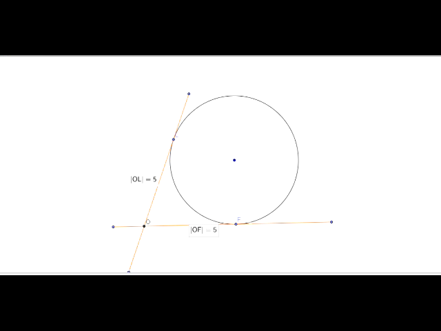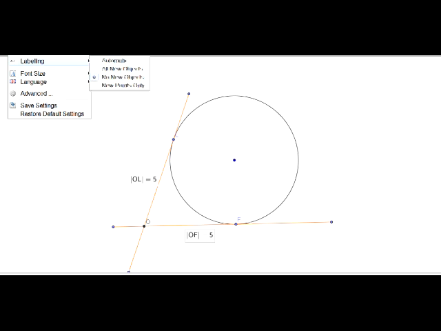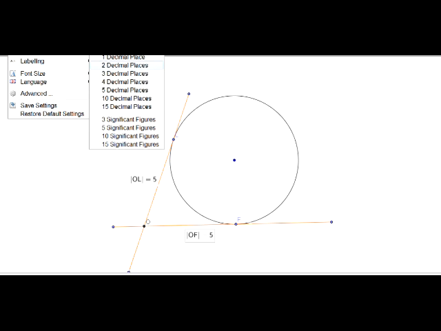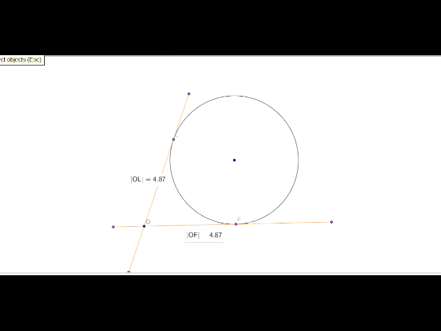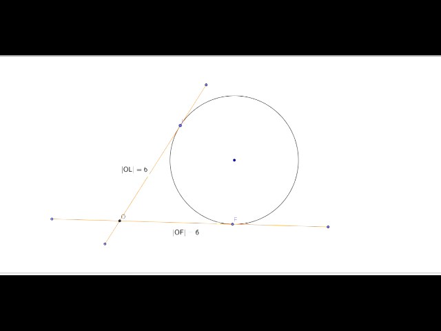Okay, just to really prove my point, I'm going to make the rounding a little bit more detailed. So rounding, let's just go to 2 decimal places. Let's make these tangents a bit longer. When I move this, you'll see that the lengths of lines between these two tangents, from this point where they intersect to where it hits the circle, are always the same.